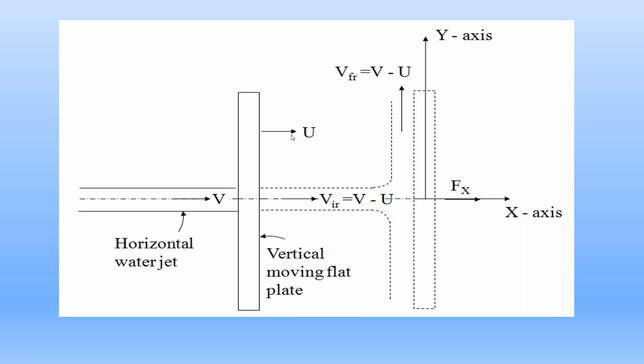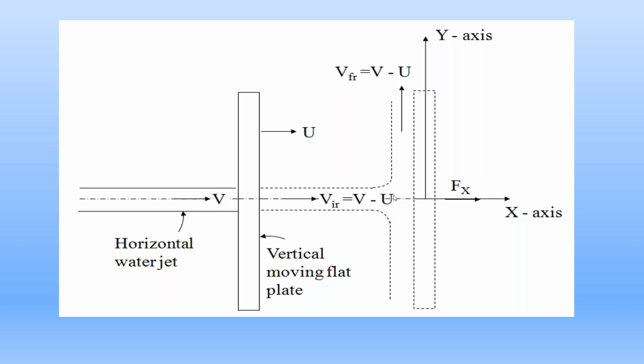VR is equal to V minus U because the absolute velocity V and the absolute velocity U are all in the same direction. So the relative velocity of water jet with respect to the moving plate, VR, is equal to V minus U.